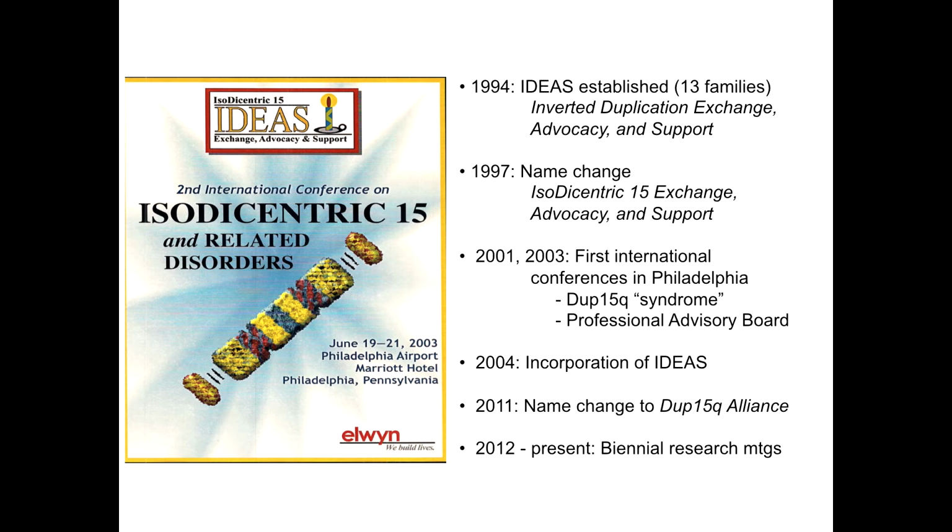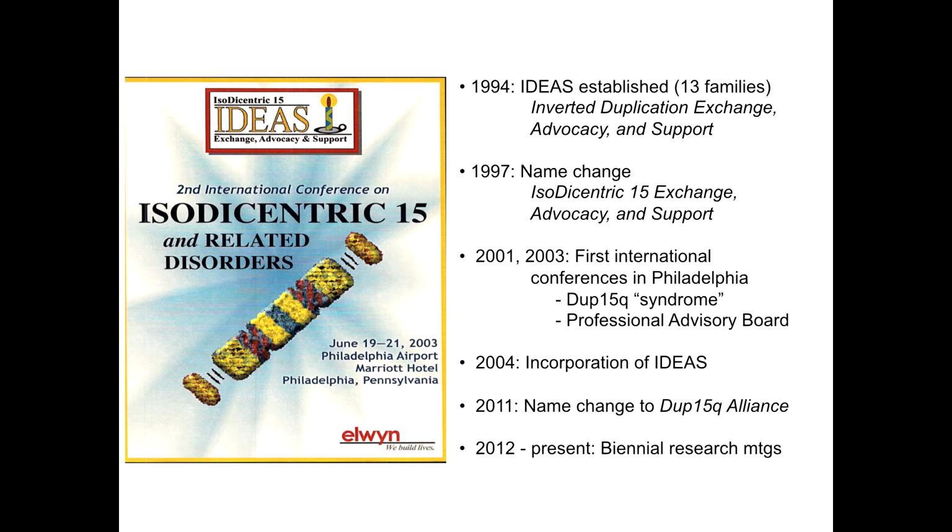So in terms of history of the DUP15Q Alliance, the original organization that led to the DUP15Q Alliance was known as IDEAS, and it was actually a parent who had a son with DUP15Q, an isodicentric supernumerary chromosome, who was at our center outside of Philadelphia, a center called Elwyn.